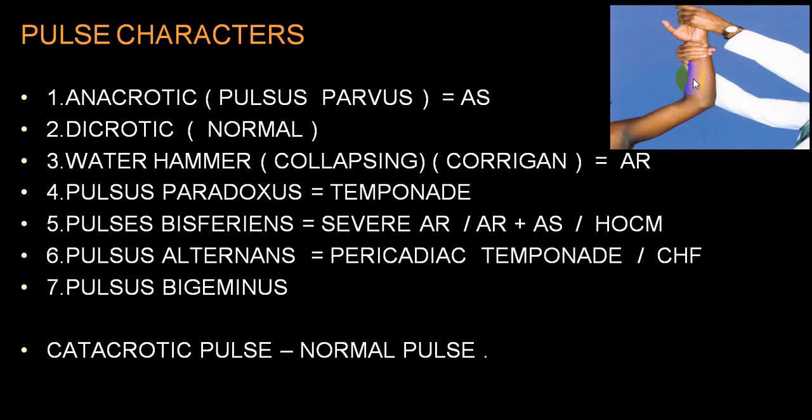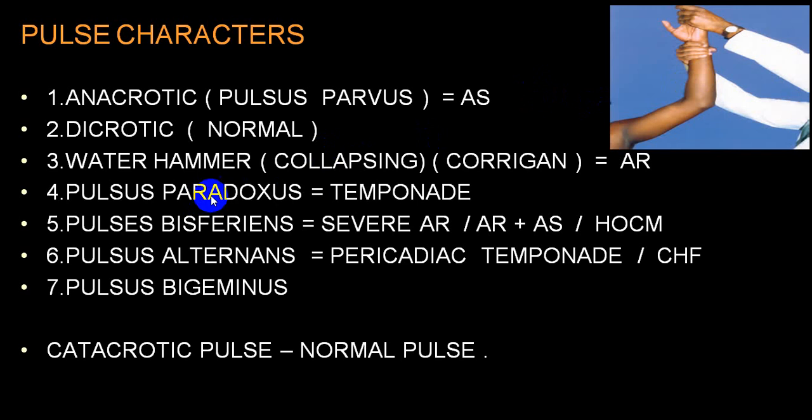So if you feel a very good pulse over the forearm by keeping a palm over the forearm and elevating the arm above the head, that is described as a water hammer pulse, collapsing pulse or Corrigan pulse. There are many other names in aortic regurgitation, in peripheral pulse. We'll be mentioning all those names in a chapter when we do aortic regurgitation.